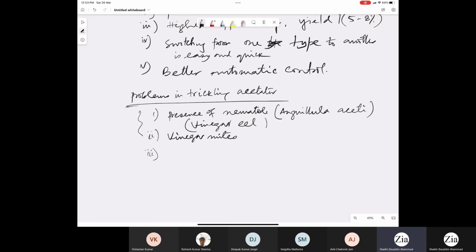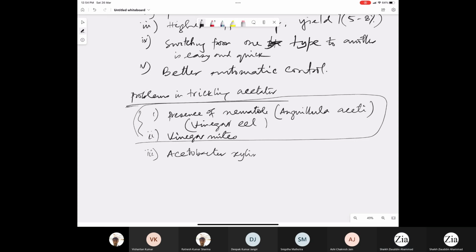So obviously these are problems which you need to address by steaming the system. But one of the biggest problems with this trickling filter is the overgrowth of Acetobacter xylinum.